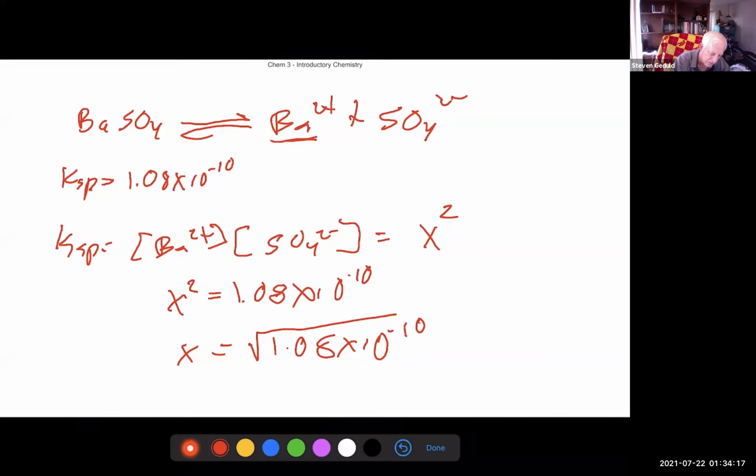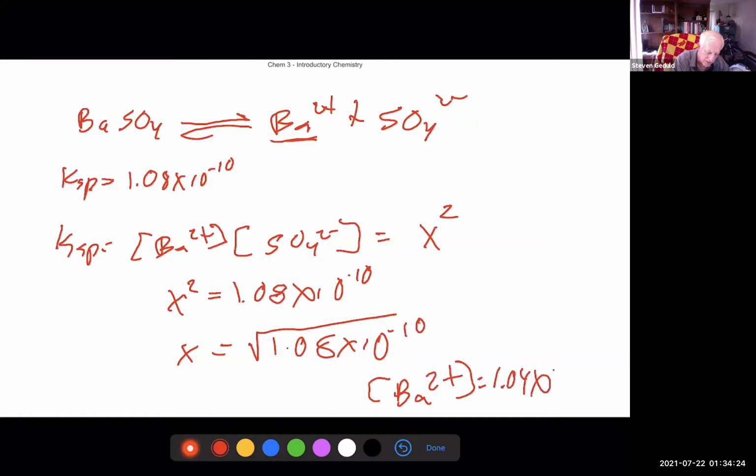So the concentration of barium, which is also the concentration of sulfate, is 1.04 times 10 to the negative 5 molar. All we did was take the square root of it. So that is our equilibrium expression. When we do KSPs, we're starting with a solid.